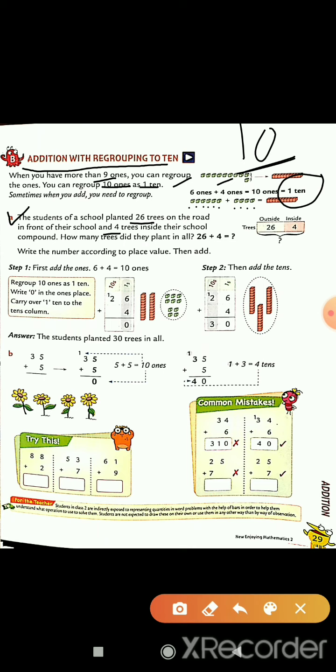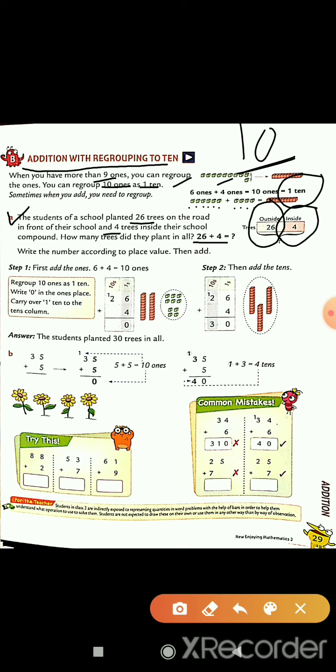So, here students planted 26 trees outside, that is on the road in front of their school, and 4 trees inside, that is inside their school compound. How many trees did they plant in all? For that we need to add 26 and 4.